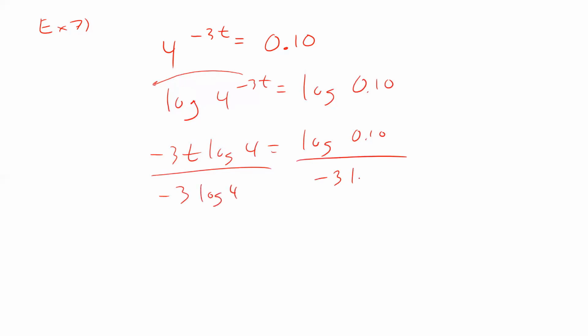So negative 3. On your calculators, notice that you have a negative button and a subtraction button. Careful not to mix up those two. All right. Now I'm going to do my calculator. So log of 0.1 divided by a negative 3 log 4. What do you guys get for the answer there?